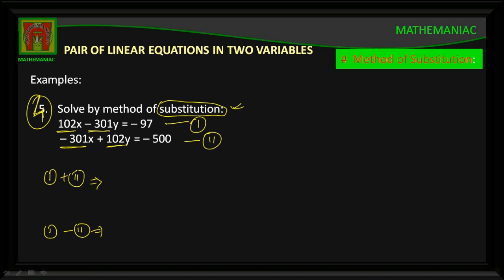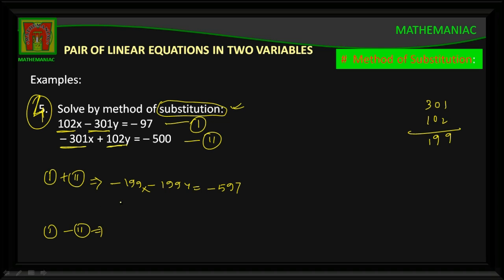What happens if you do this? Just see it. If you add them up, what will you get? 301 minus 102, this will be 199. It will be minus 199x, and then this will be minus 199y, and this will also be added. It will be minus 597, right?